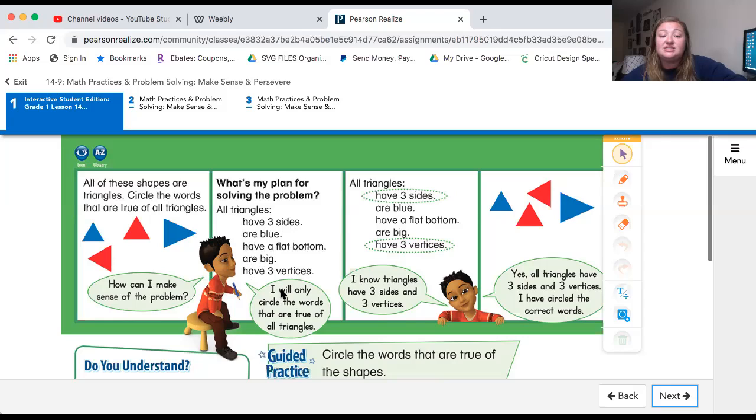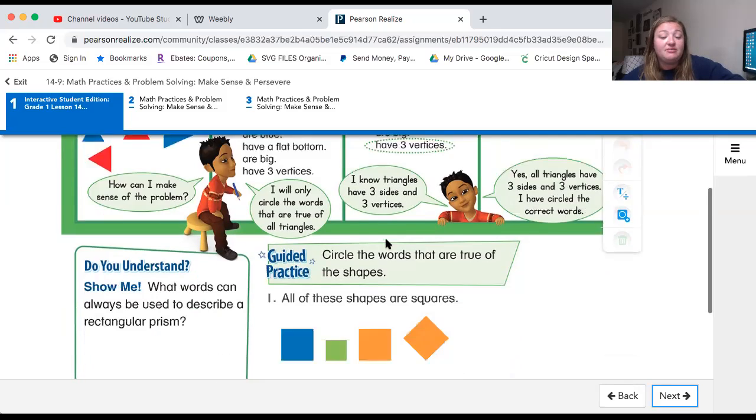So this little guy says, I will only circle the words that are true about all triangles. So if you look in the third box, it says, all triangles have 3 sides. That's absolutely correct. And all have 3 vertices. That's absolutely correct too. Those are the only 2 that are true for every single triangle. So he says, well, I know triangles have 3 sides and 3 vertices. So he circled the correct words because he only circled that triangles have 3 sides and 3 vertices.